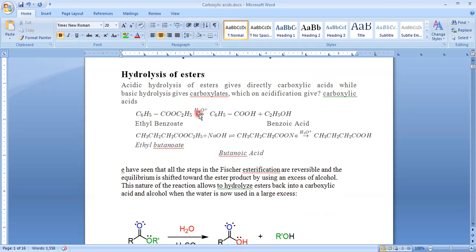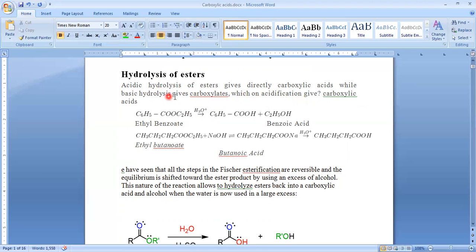That proton is initially taken up by water, so we get H3O plus. That H3O plus ion is known as the hydronium ion. So whenever you find H3O plus or hydronium ion, you are running acidic hydrolysis, or you can say acidification.